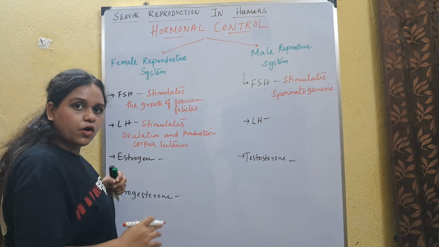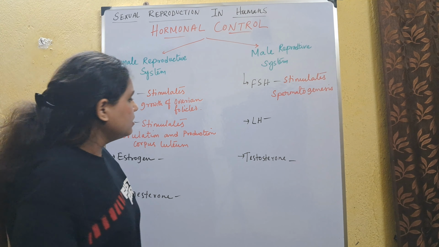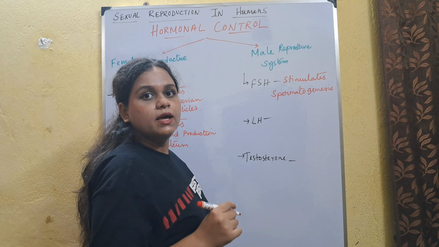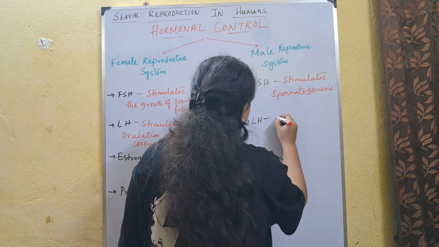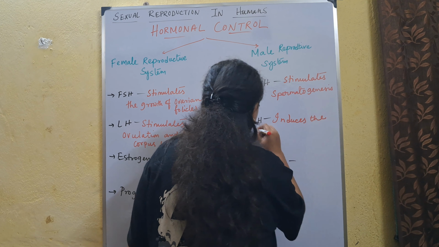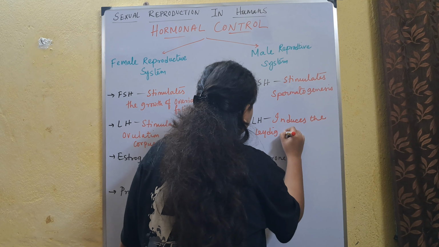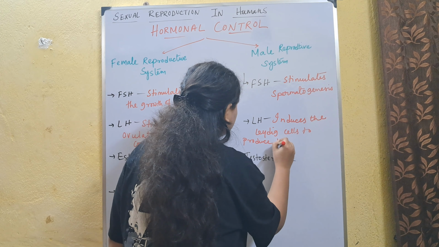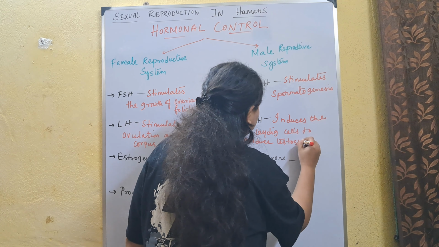We will understand corpus luteum in later classes. The next one, LH in the male reproductive system, induces the Leydig cells to produce testosterone.